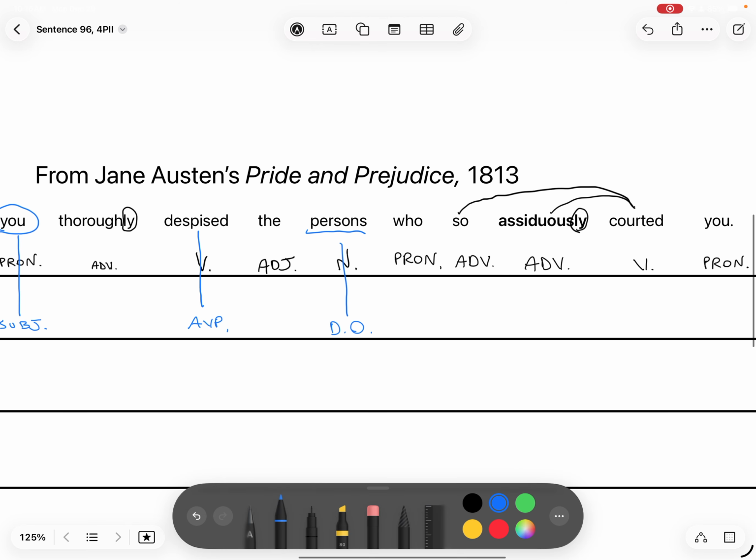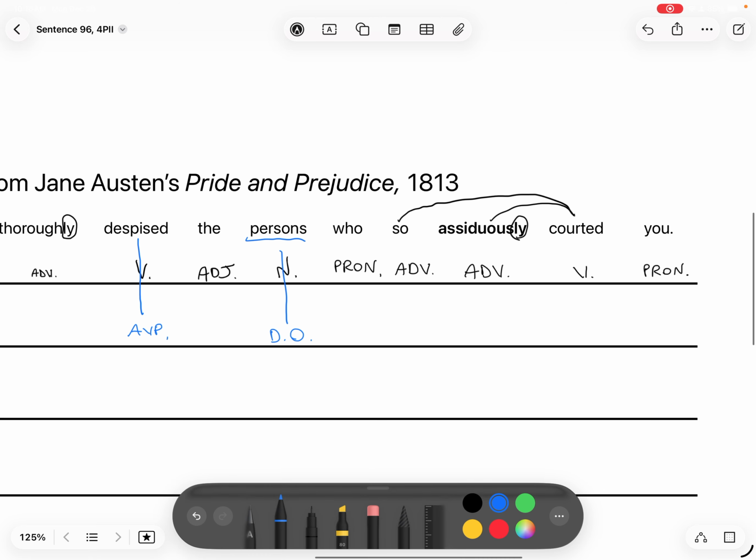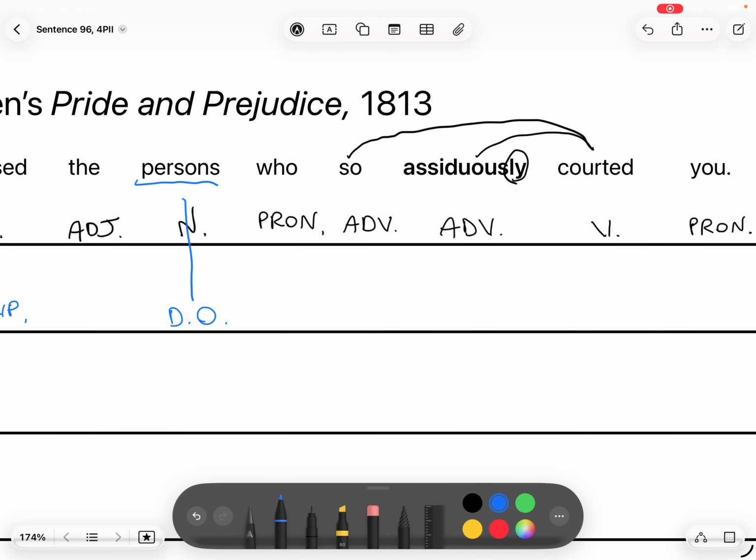Okay, so now it's possible to have a second set of subject and predicate if we do have a second clause as well. So we always check to see if it's possible to have this second set. We look here, we have a pronoun right here, it's who, and a subject could be a pronoun as well.